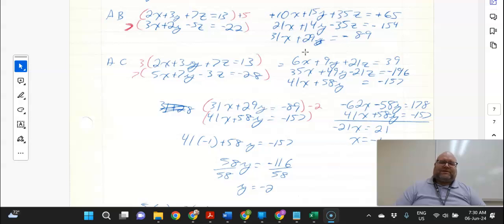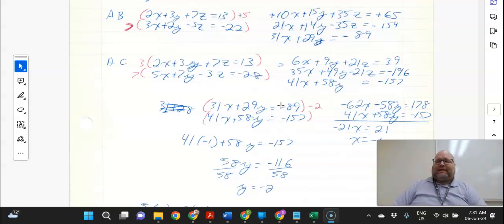Then we take equations D and E, and when we double D and multiply through by negative 1 on D, or multiply through by negative 2 in the first place, we end up with our y's being opposite.